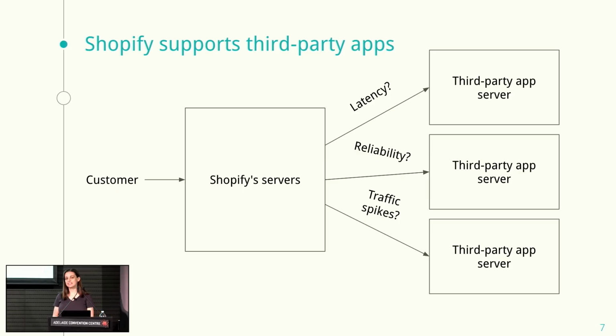And on top of that, some of these third-party apps wanted to be able to add logic into the core flow of the checkout process. Maybe it's calculating a discount using custom logic. And Shopify did not want to have these unreliable third-party apps as part of something as critical as the actual checkout flow, or as part of something that is going to be a really poor user experience if it's even 100 or 200 milliseconds latency.